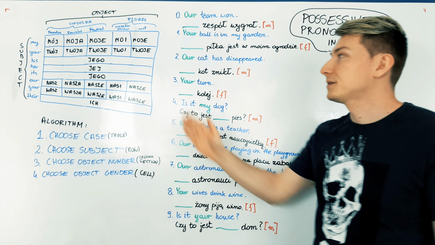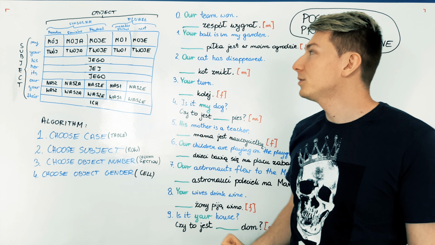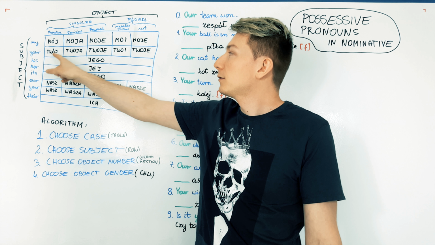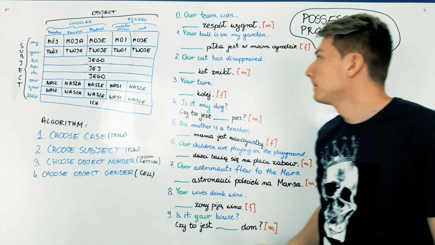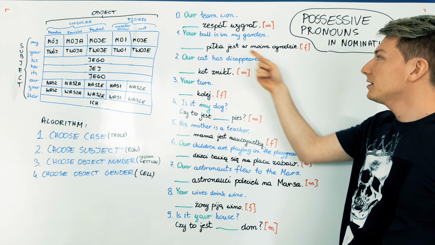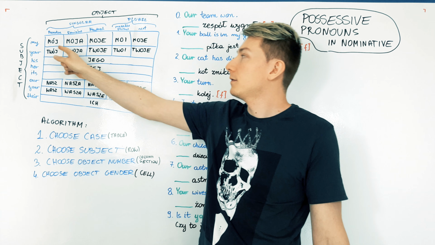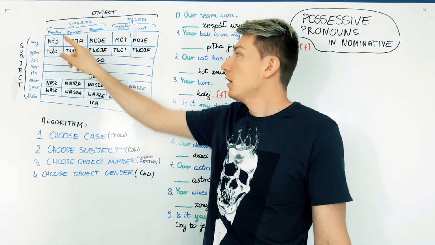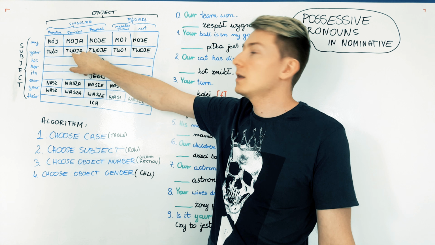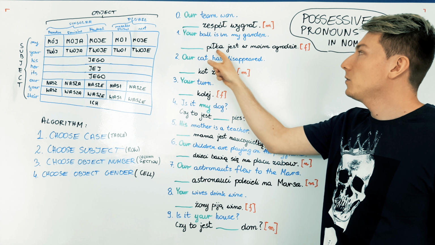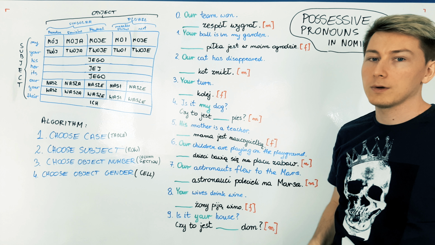Ball is one ball, so the left part of the table. We can now choose from these three words, twój, twoja, twoje. And the gender of piłka is feminine. So from these three words, we choose the second one in the middle, twoja. So, twoja piłka jest w moim ogrodzie.